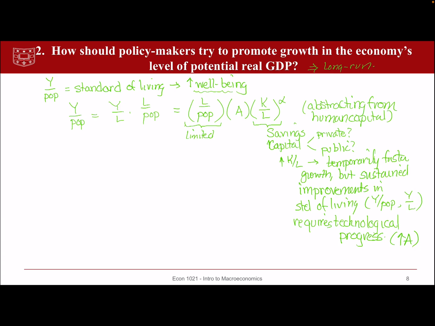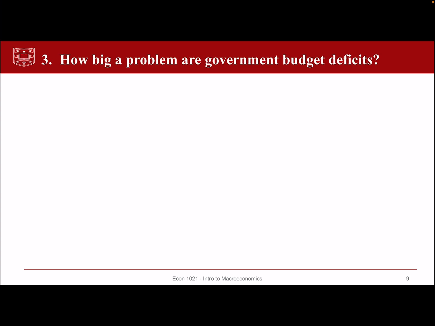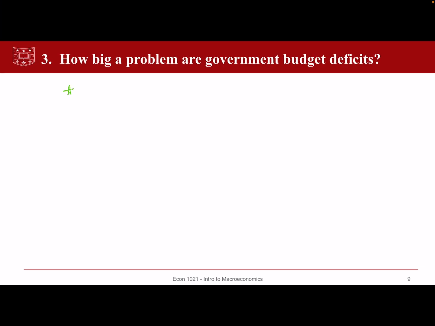We talked as well about supply side spending policies and supply side tax changes, and that has its own sort of problems and issues as we have identified earlier. When we talk about budget deficits and debts, how big of a problem are they? Of course, we highlighted the idea of crowding out.